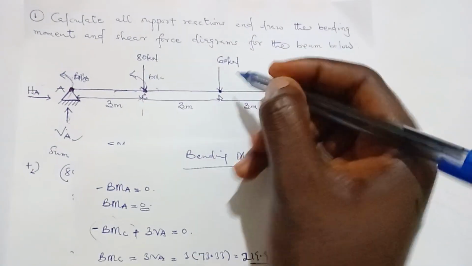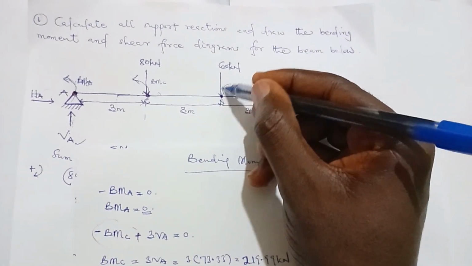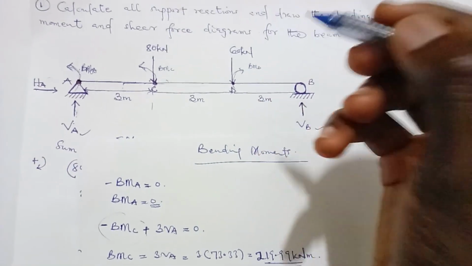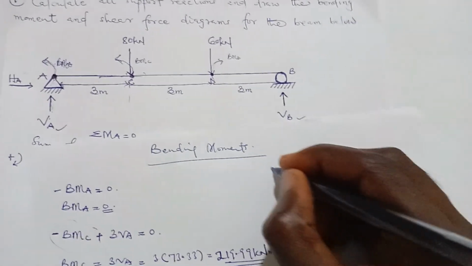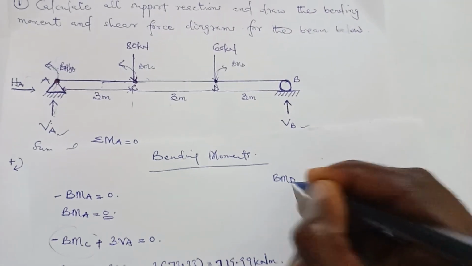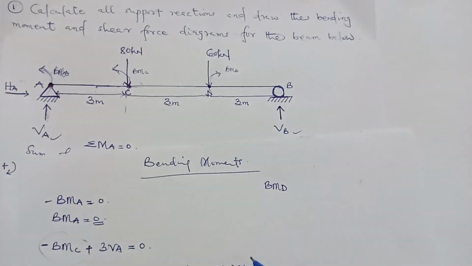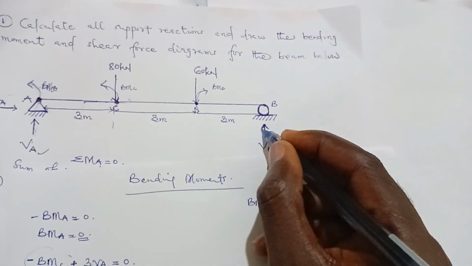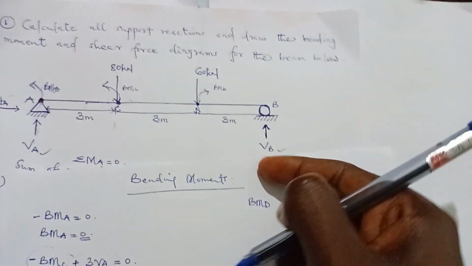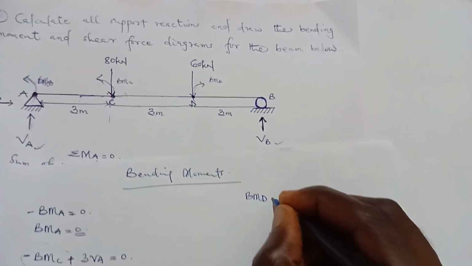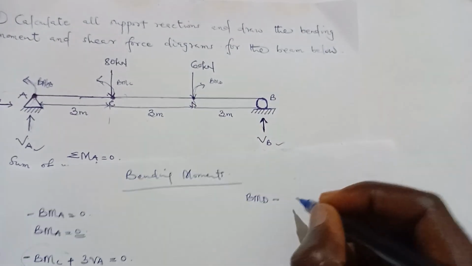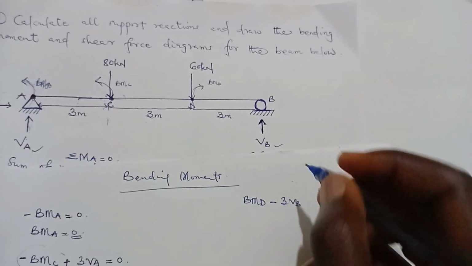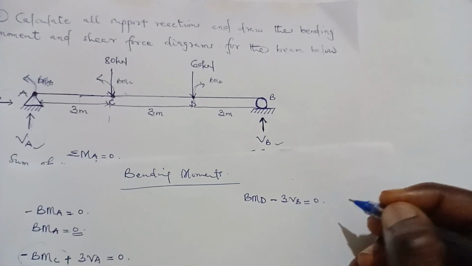So because I'm taking my right, I'll take my moment to my right, and I'll call it BMD, bending moment at D. So the bending moment at D, moving the clockwise direction, so it's positive. Then this is the only force that will cause a moment. So it's going to be minus, it will cause an anti-clockwise moment, so minus 3VB is equal to 0. That's all.